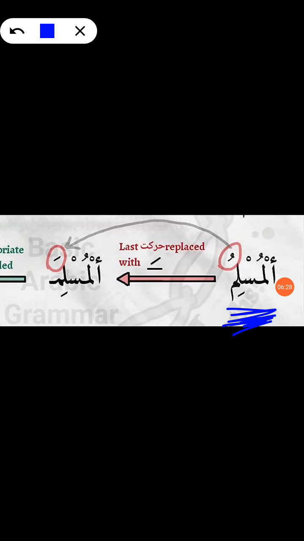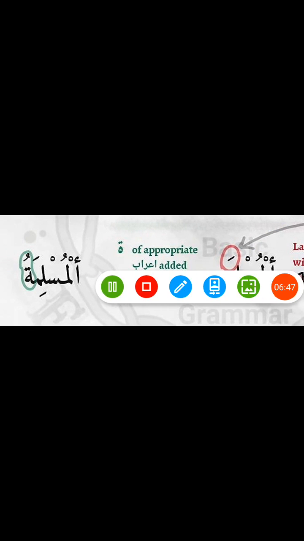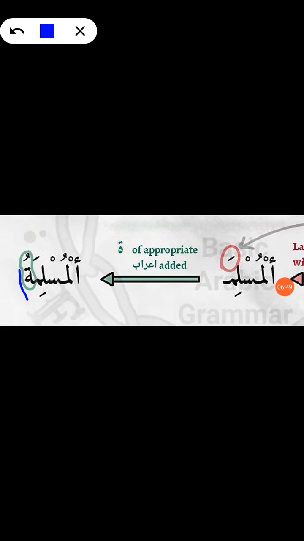We see that there is no tanween, of course, because we have our al over here. So it's going to be al-Muslimu. You are simply going to replace the last harakat with fatha as you did previously, and then you're going to add the round ta, or ta marbuta, and you're going to add the harakat of the appropriate i'rab.